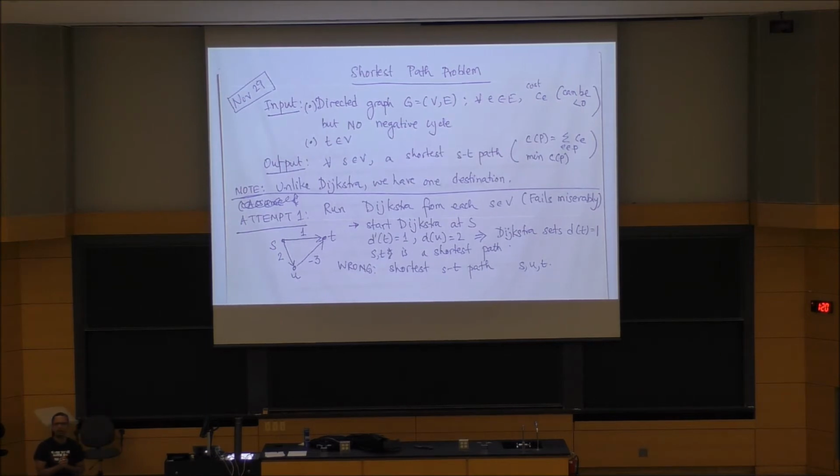Okay. Are there any questions? Is everyone okay with this? Okay, so again, the reason why this doesn't work is because Dijkstra needs all the edge costs to be positive or non-negative, and that's not the case here.